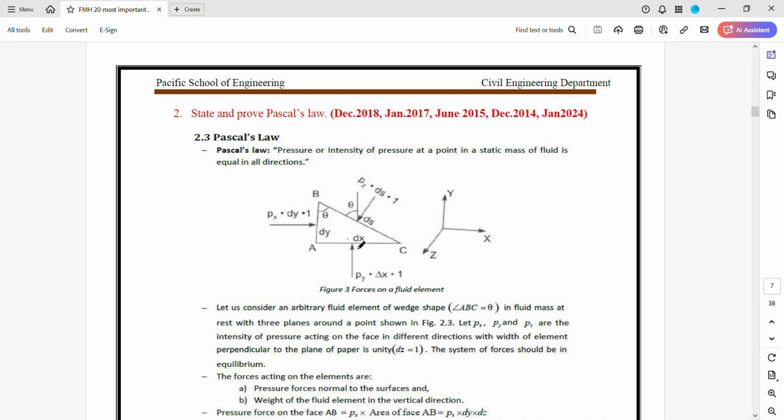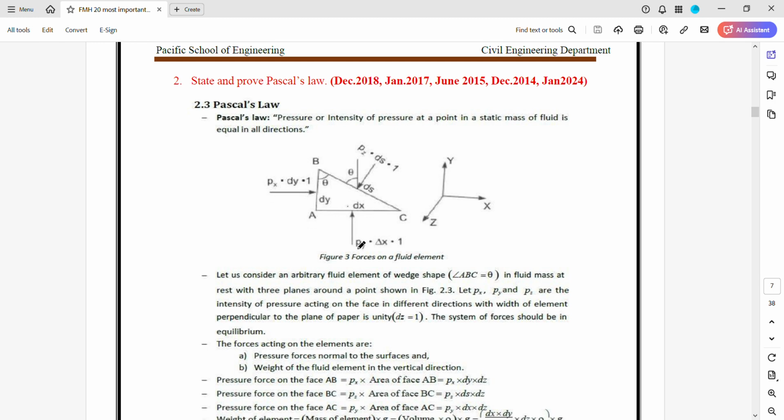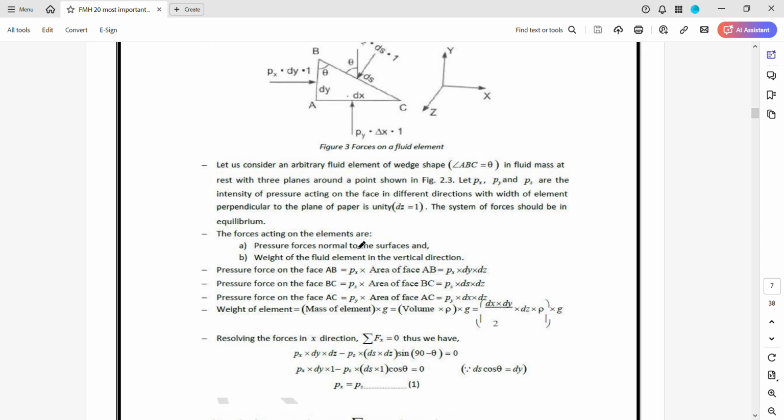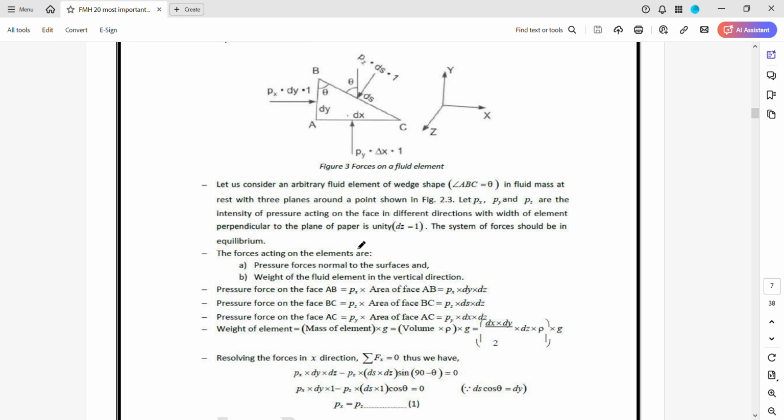Now find out what are the forces acting on the element. First is the pressure forces normal to the surface, and second is the weight of the fluid element in the vertical direction. Now what are the pressure forces? Pressure force on face AB is equal to Px into area of face AB, is equal to Px into dy into dz.